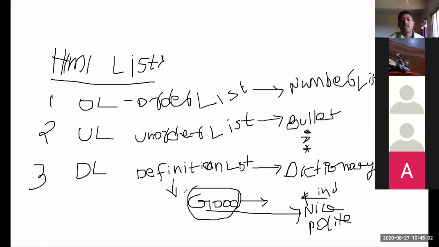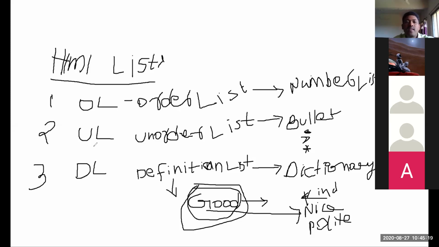So whenever you search a word in Google, what is the meaning of good? It may give similar meanings, synonyms, or a full adjective. All these things: good, nice, polite. So at that time this tag is used.